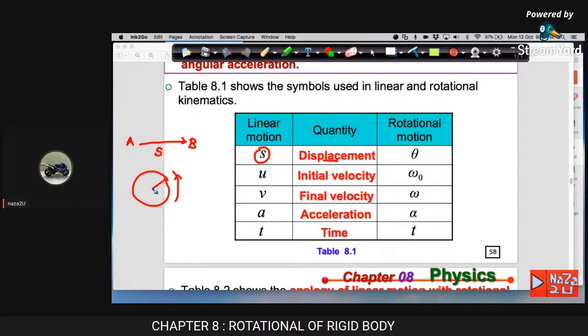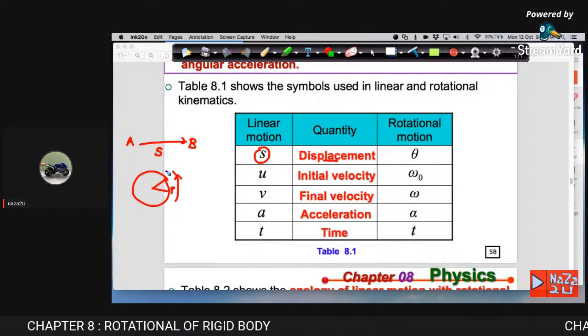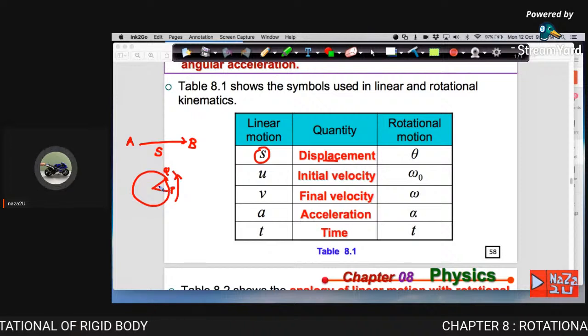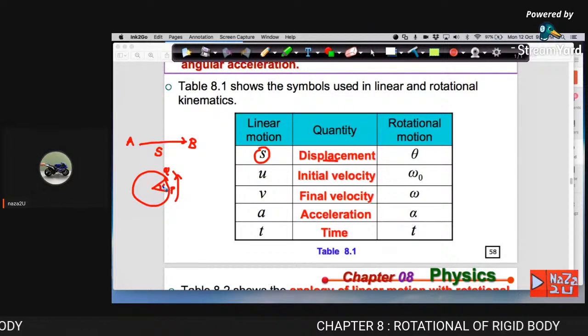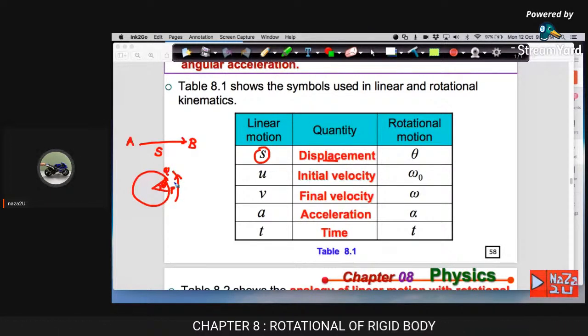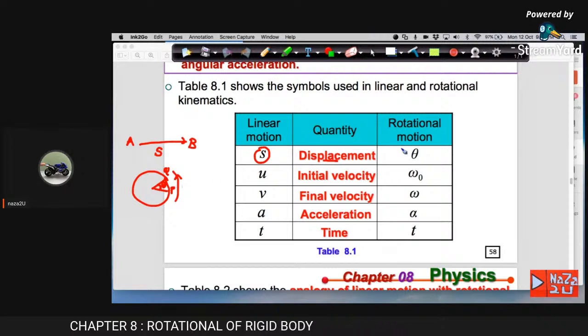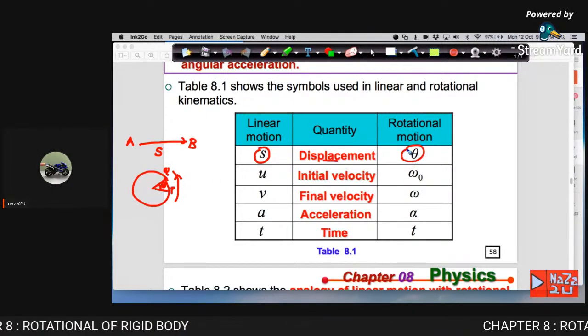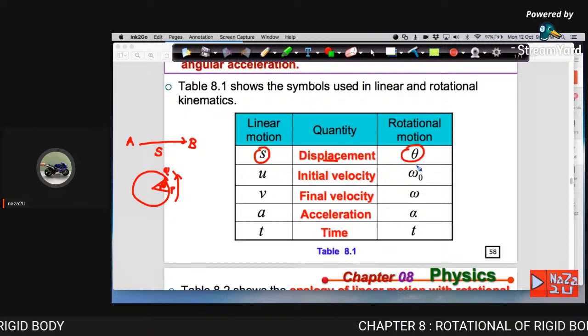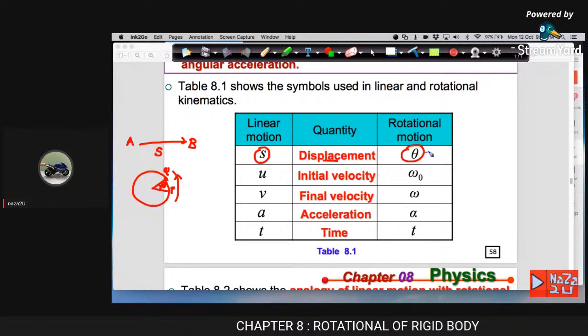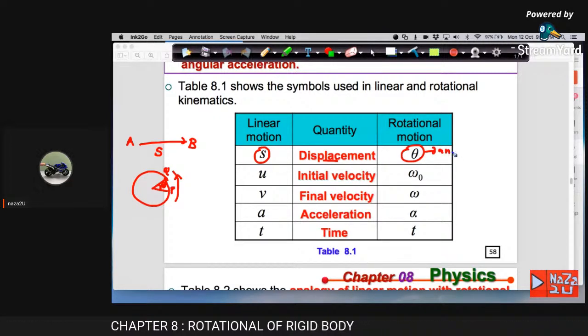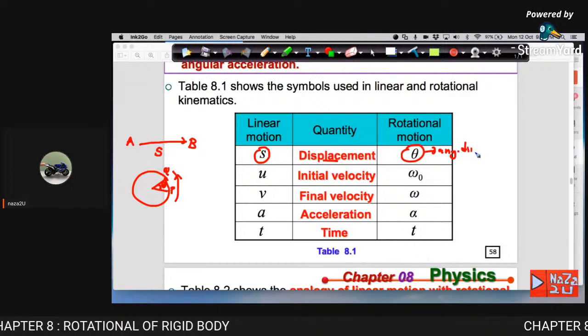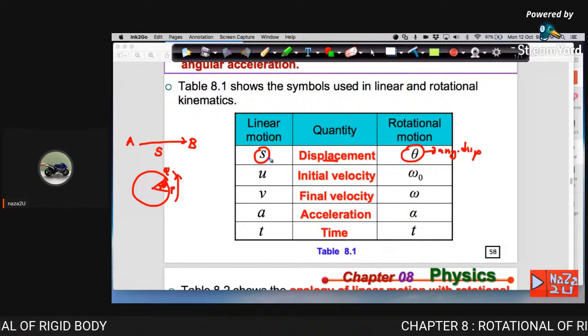Katalah daripada titik P kepada titik Q. So dia merujuk kepada how big angle made by the system. Berapa sudut yang dibuat. That's why displacement tu di sini dipanggil sebagai angular displacement, theta.